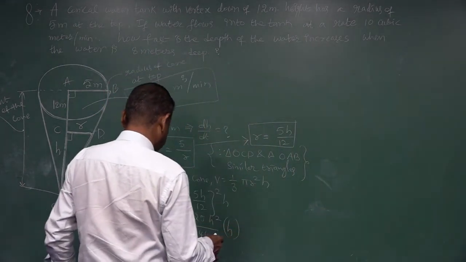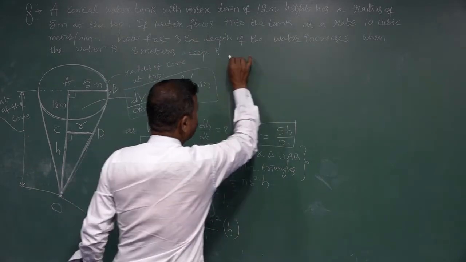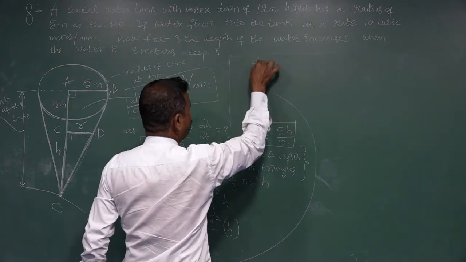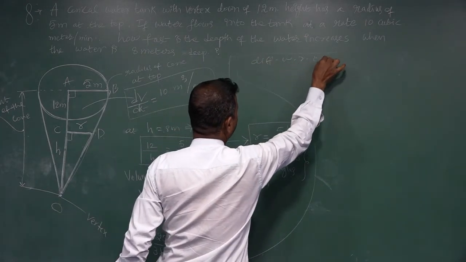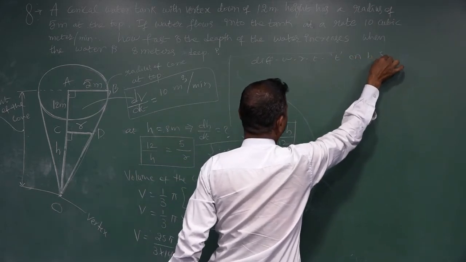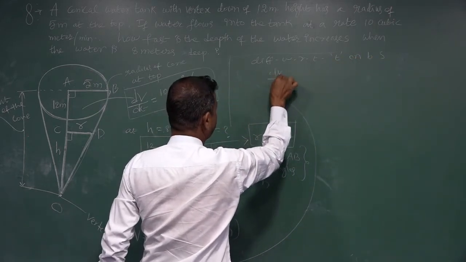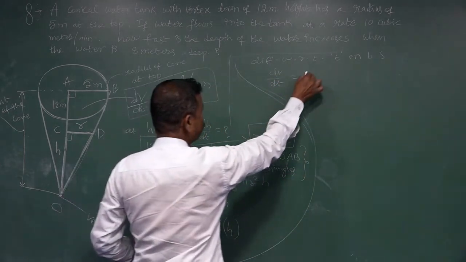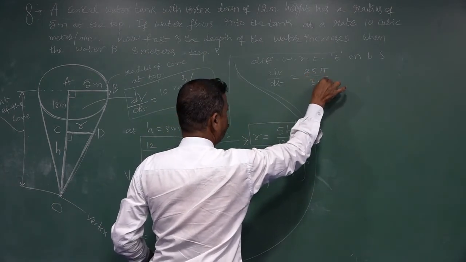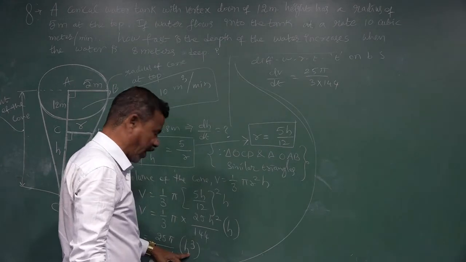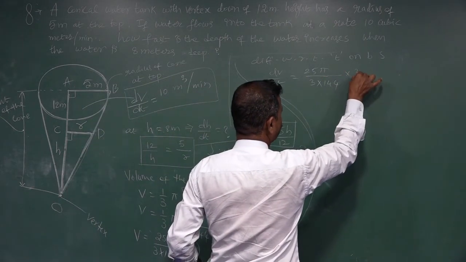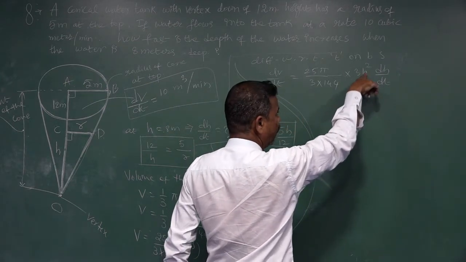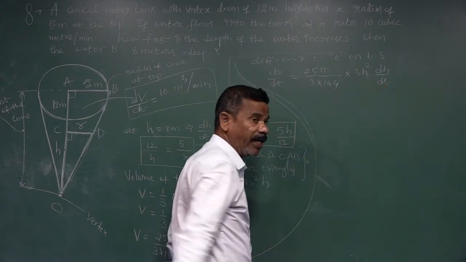After this, differentiating with respect to t on both sides. dV by dt is equal to 25 pi by 3 into 144, the constant, times the derivative of h cube, 3h square, times dh by dt.